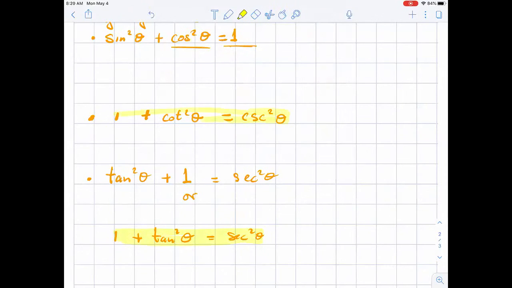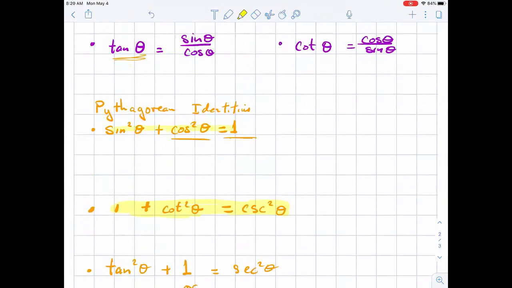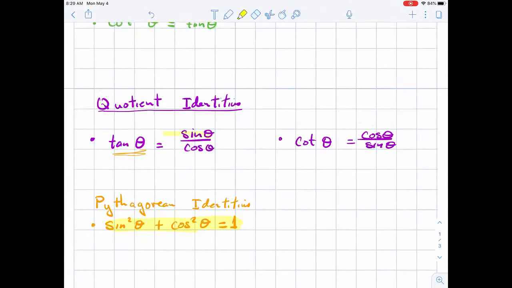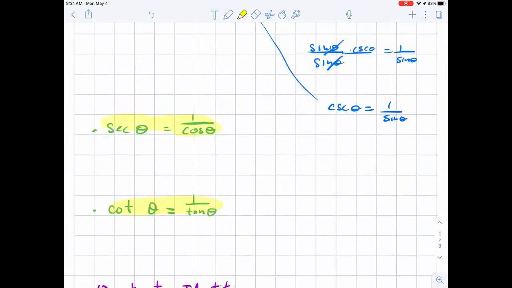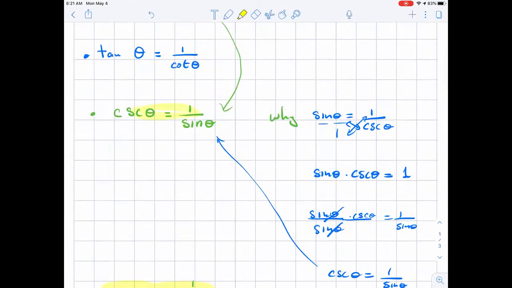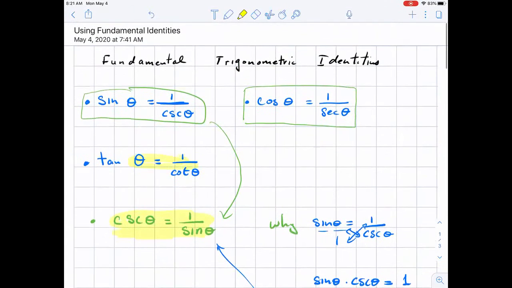2, this is the main one. 3, 4, 5, 6, 7, 8, 9, 10, 11.